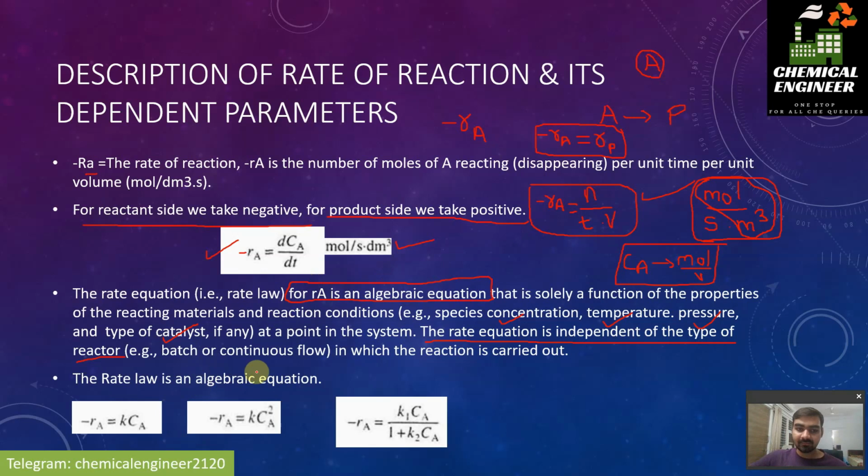These equations can be in the form of a linear equation having a power of 2, 3, 4, any, or it may have some complex structure as well, like having a power of 1 in the numerator and 1 in the denominator. So it can be solved.